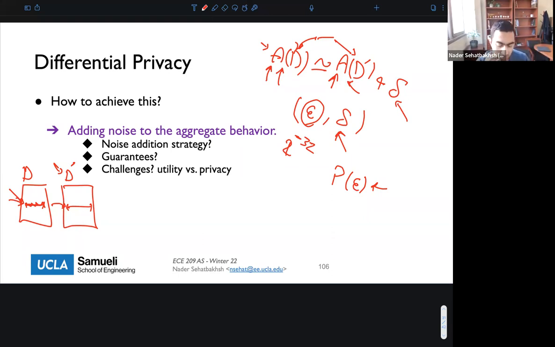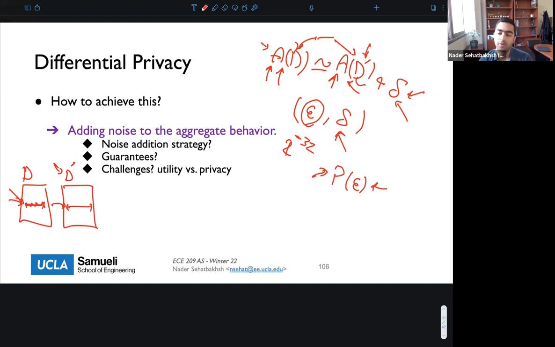On the other hand, the privacy guarantee that differential privacy gives us is that for this specific data set, the chance that you can actually recover an individual user would be smaller than some epsilon. And in this case, epsilon is usually very, very small.